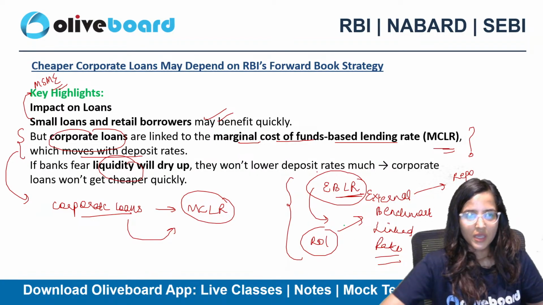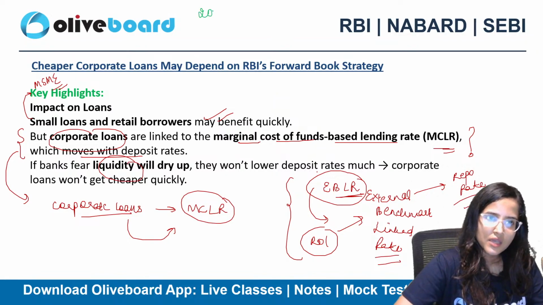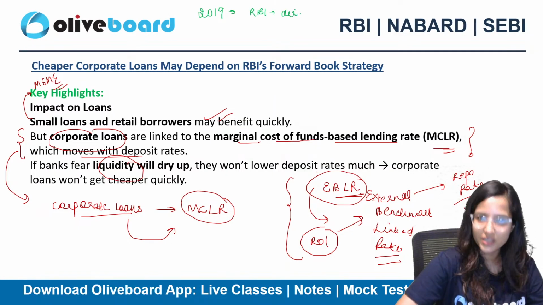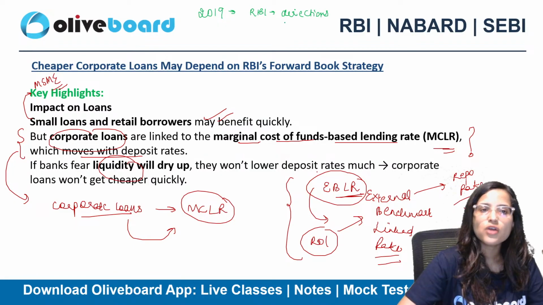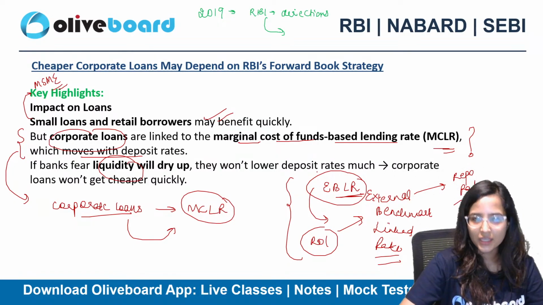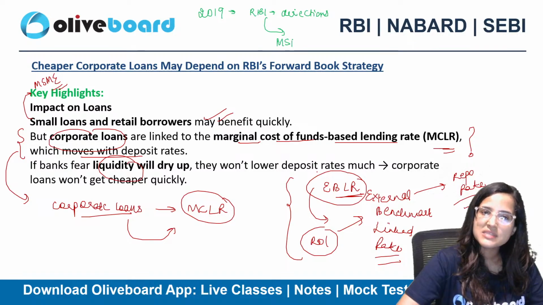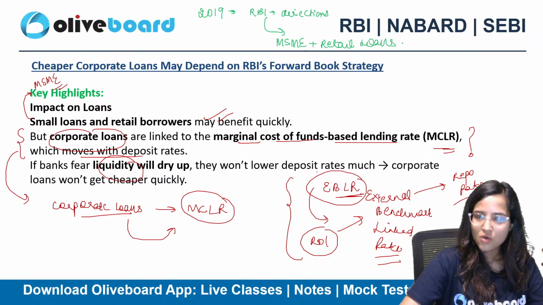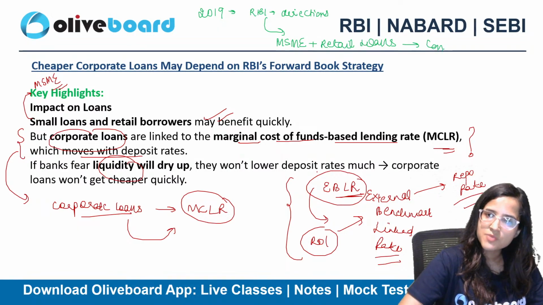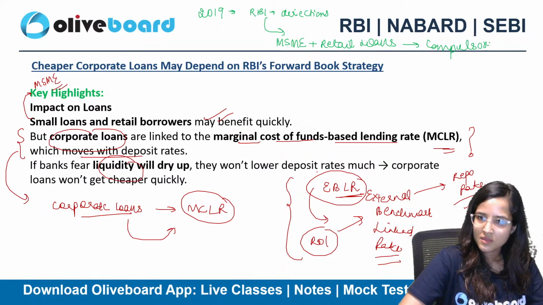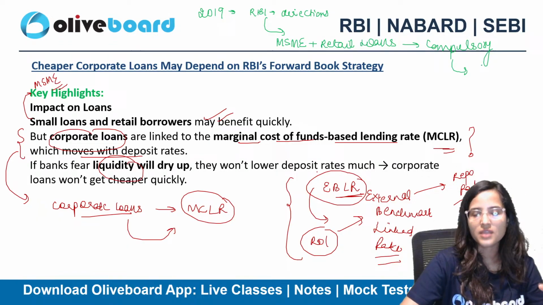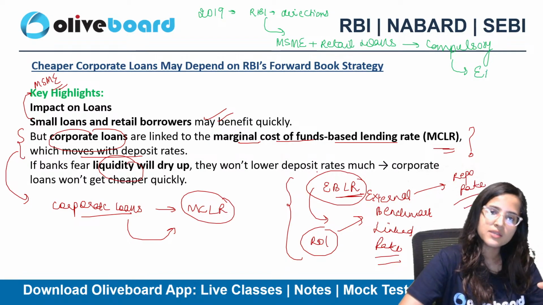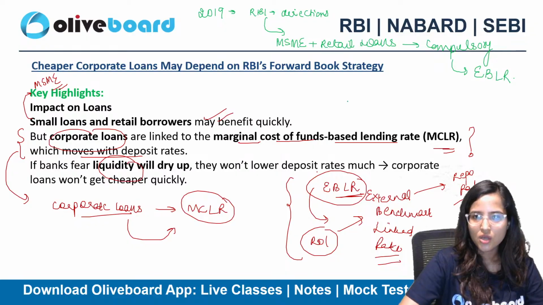See, in 2019 RBI के कुछ डायरेक्शंस आए थे, master directions like RBI releases, and according to those directions only MSME and retail loans, only for MSME and retail loans it has been compulsory that they have to link their rates with the external benchmark linked rate.